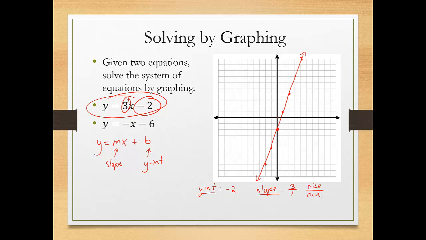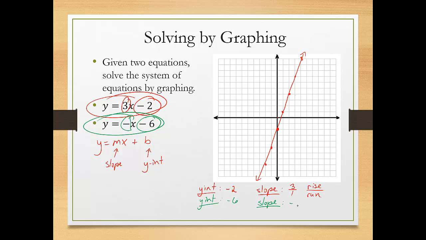Okay, so now let's go ahead and graph the other line in green. Our y-intercept for this line is going to be -6, and our slope will be -1, because there's just a variable there, so the number in front of that variable is always going to be 1.